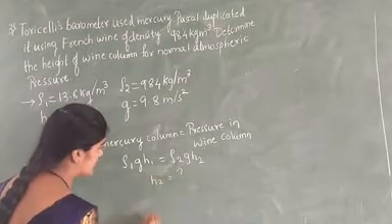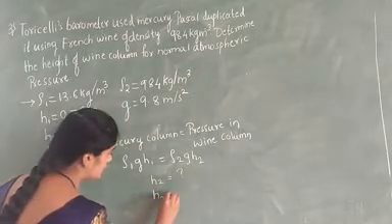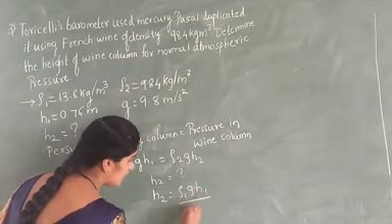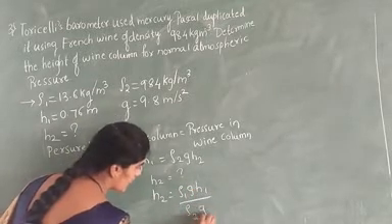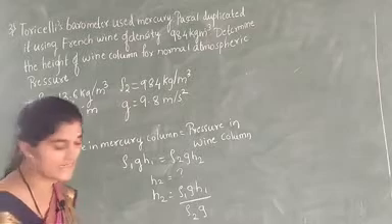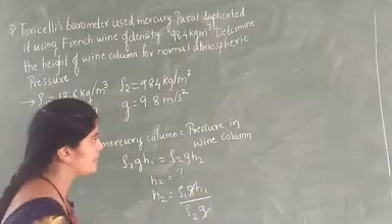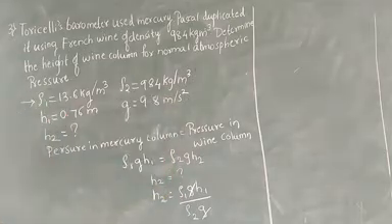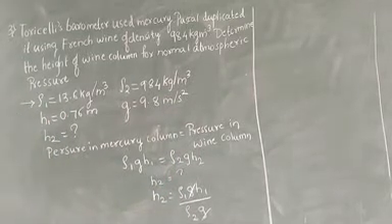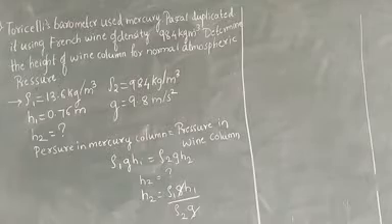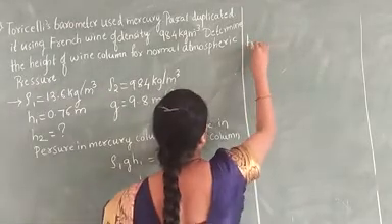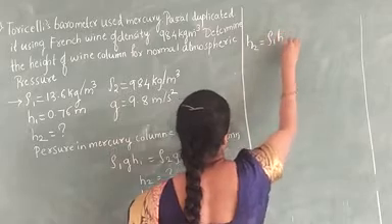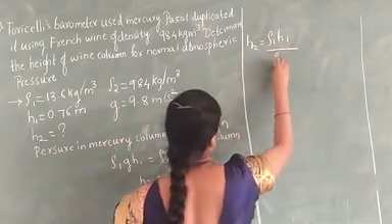Now by using this we can write H2 is equal to rho 1 G H1 by rho 2 into G. Now here G gets cancelled. Therefore the formula for H2 is equal to rho 1 H1 by rho 2.